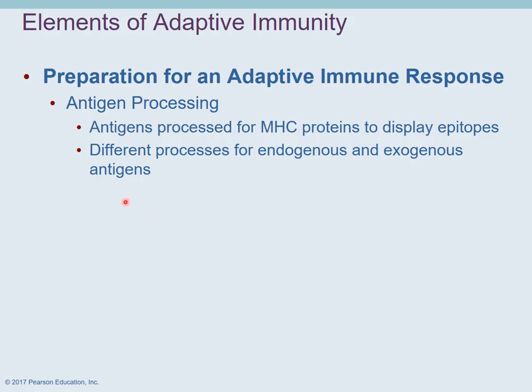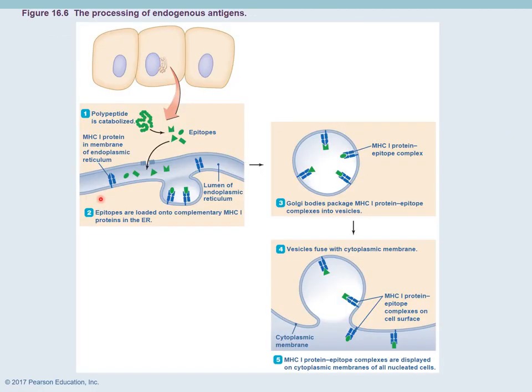So what happens is there's a process that we call antigen processing. Typically, you're going to first be making these, or you have these MHC complexes. A phagocytic cell or an antigen presenting cell engulfs some foreign substance.